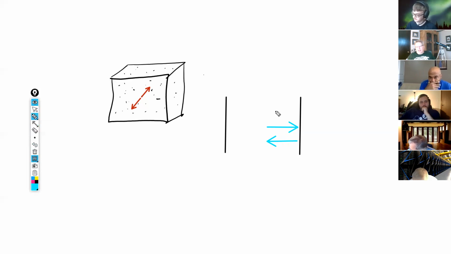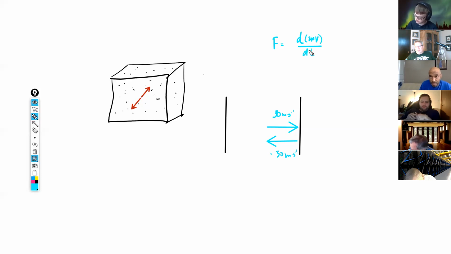So if this velocity is 30 meters per second, what would this velocity be? 30 meters per second, but in another direction, so it would be negative. -30.